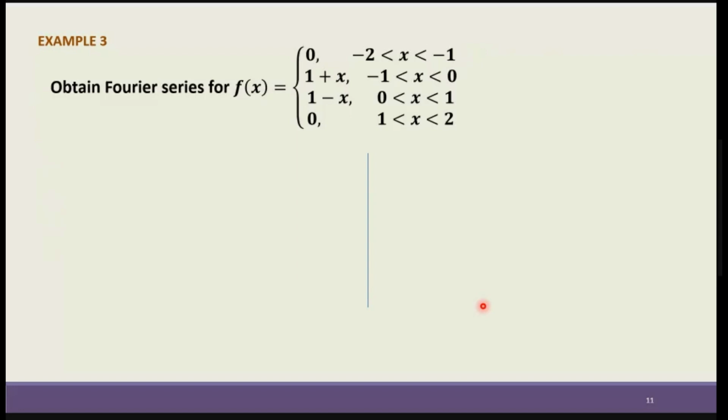What is f of -x in the first interval? f of x is 0 in -2 less than x less than -1. So what is the value of f of -x then? Is it 0 or is it some other value?